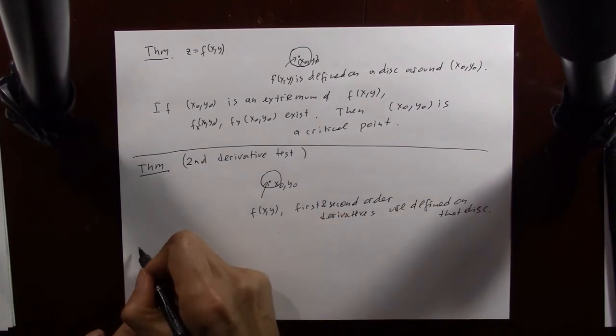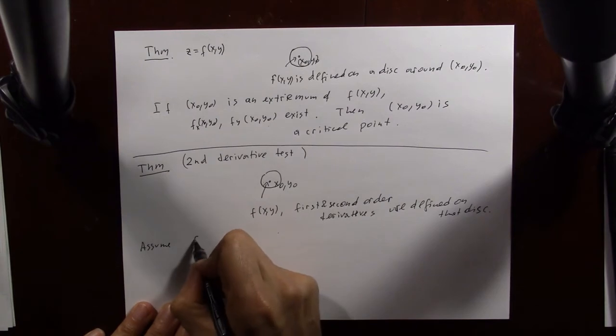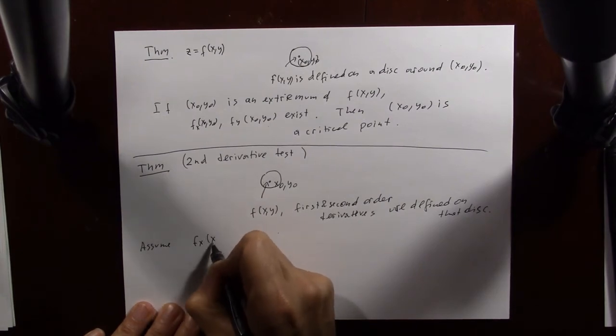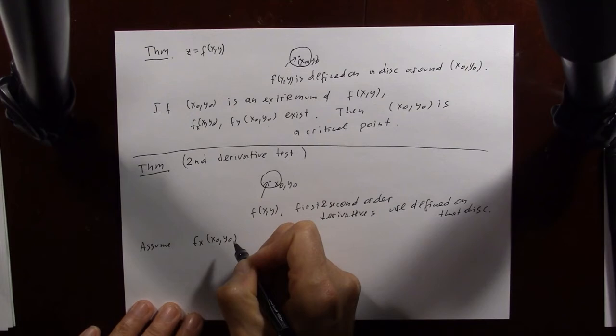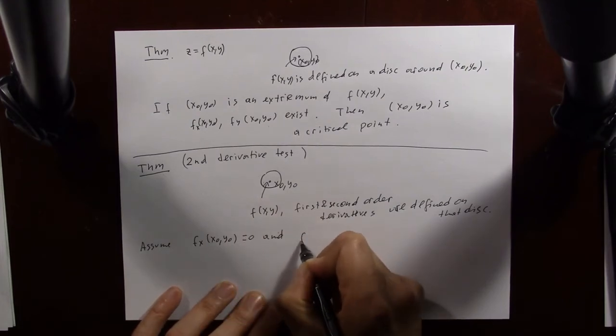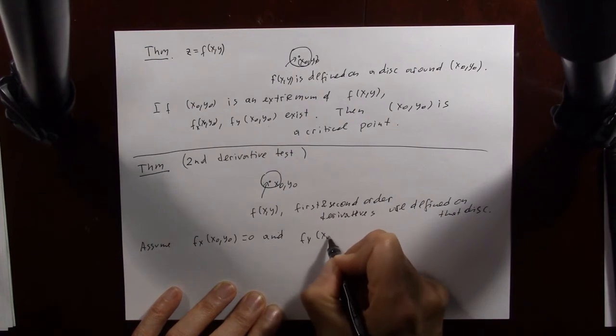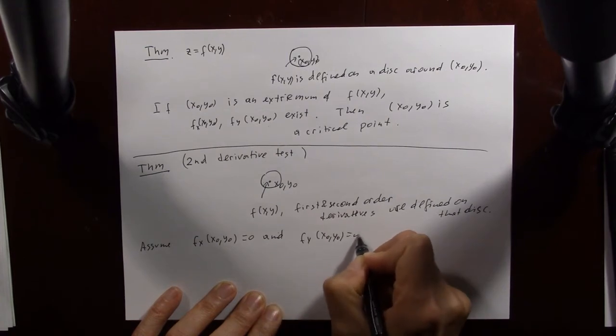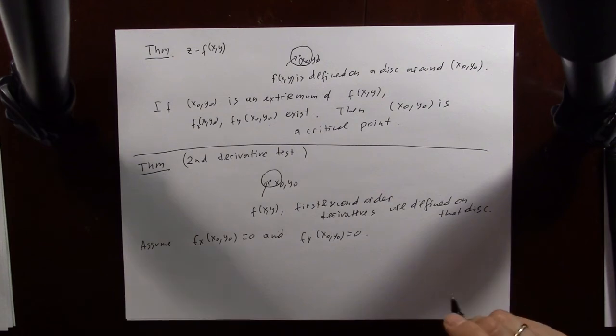Let's assume that the partial derivative with respect to x at x0, y0 equals 0, and the partial derivative with respect to y at x0, y0 equals 0. So we have a critical point at x0, y0.